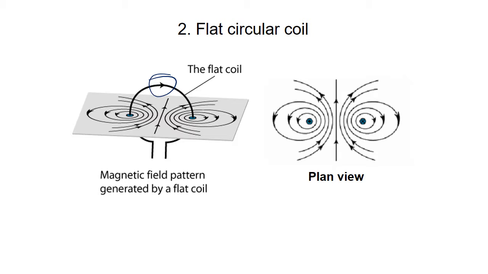But you can see there are 2 different parts or different halves of the coil that produce their own magnetic field, and that's what it actually looks like. So you have to be able to sketch that.